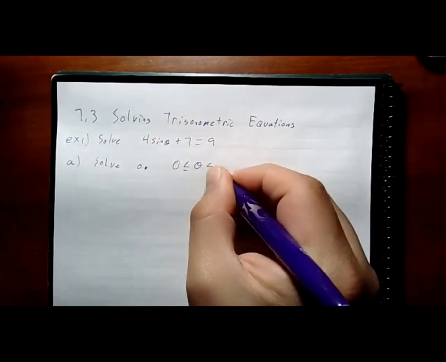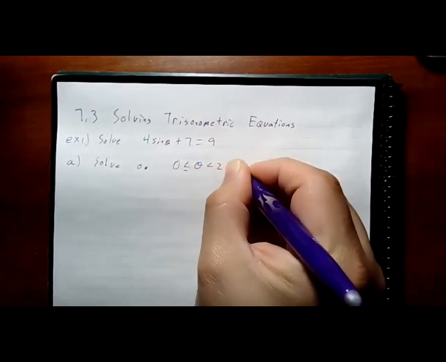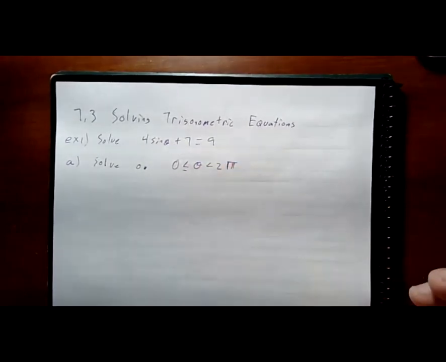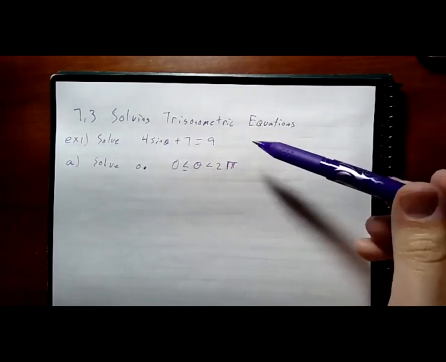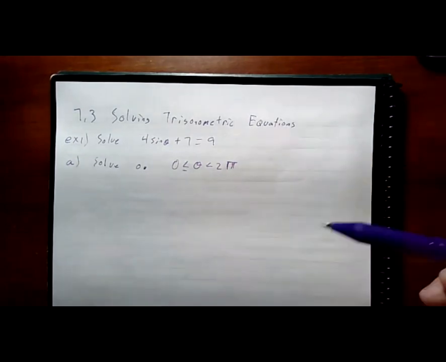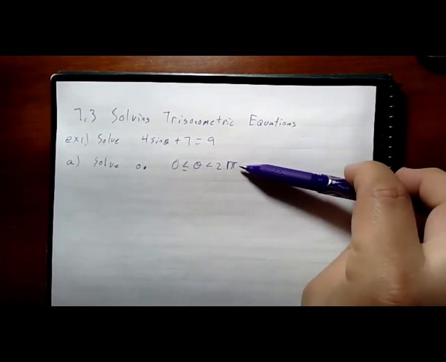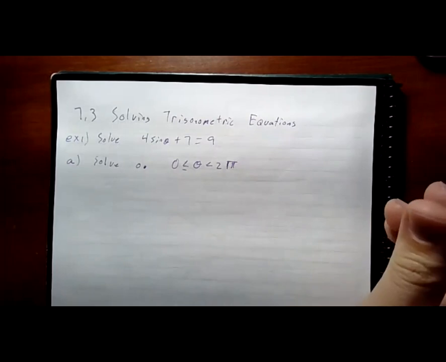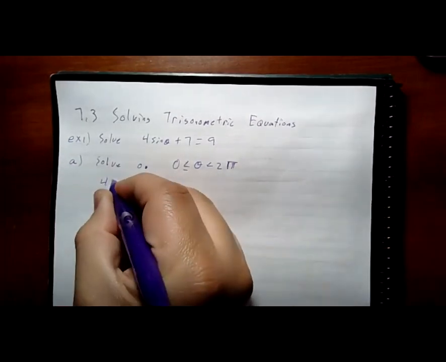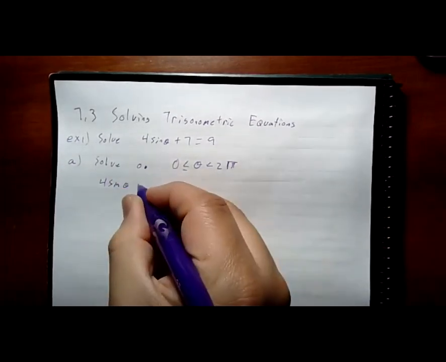So your angle theta is between here. Because technically, you can keep finding solutions over and over by spinning around the circle forever. So unless we restrict it, you will have an infinite number of solutions. But let's get there. Let's solve this first and see what I'm talking about.